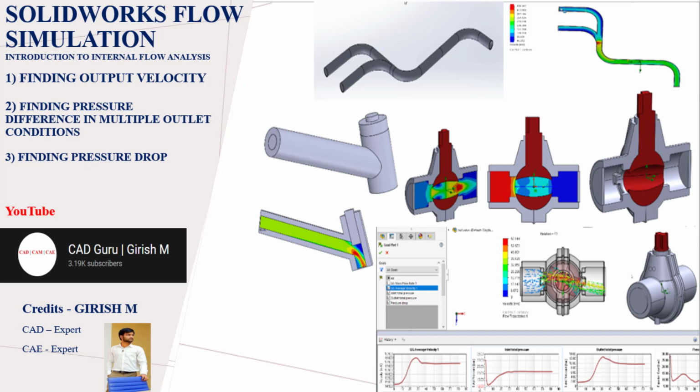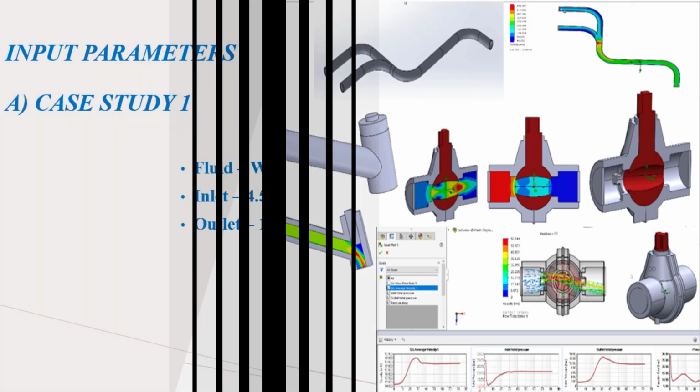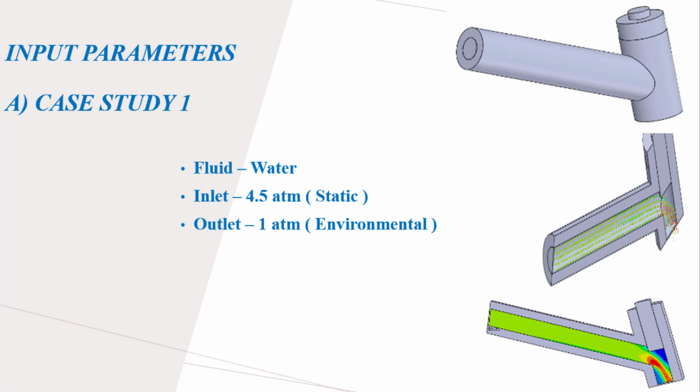Okay, we'll have a look on the nozzle here. We'll take the case study of nozzle. Okay, we'll give the inputs like fluid. We'll consider water. Okay, this kind of sprayer nozzle you have seen in washrooms and all, right?